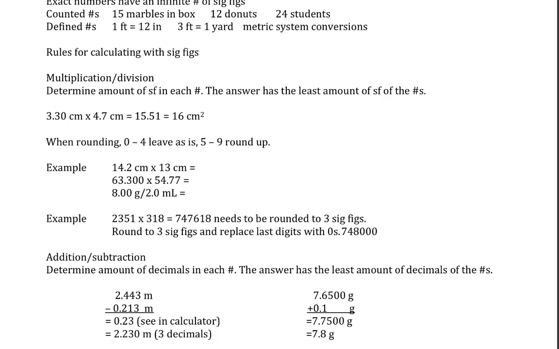Defined numbers. We will see that we make conversions often in chemistry. We might convert from inches to feet, for example, if we're doing some kind of conversion using the British system. That is a defined quantity. Somebody a long time ago decided how long an inch would be and that there would be 12 of them in a foot.